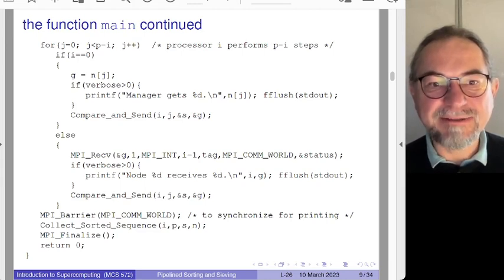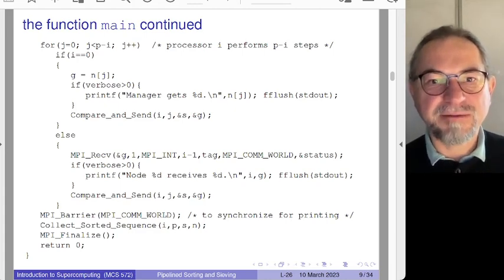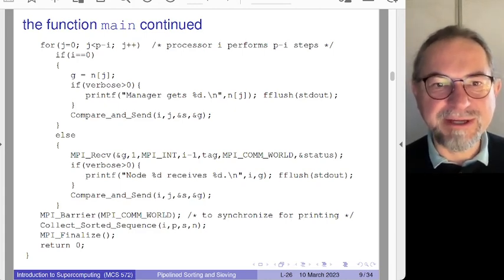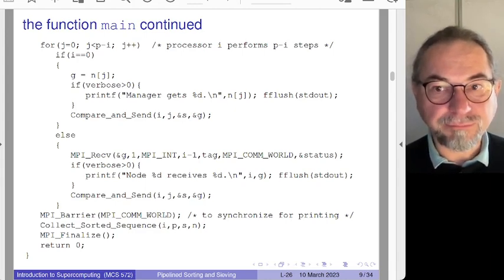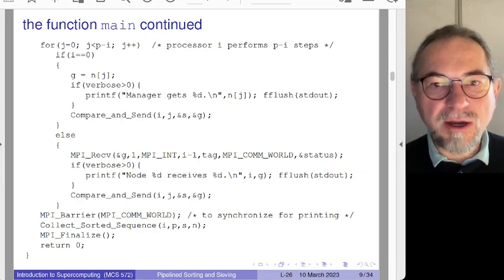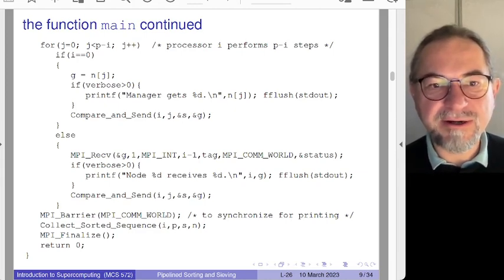The send and receive, it looks as if there is actually not that much symmetry here. So the manager sends p minus 1 numbers through. The receives actually are done one after the other by the workers.